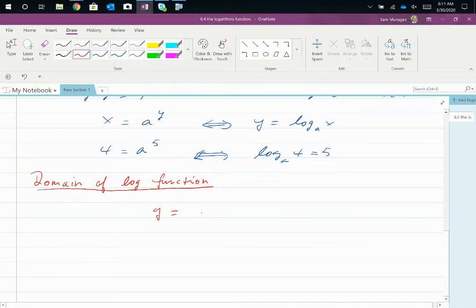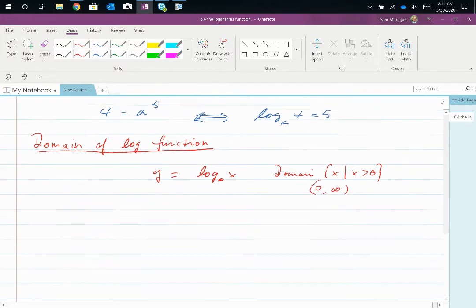If y is equal to log base a of x, the domain x must always be greater than 0. And that follows because we cannot take the logarithm of a negative number, or 0 for that matter.